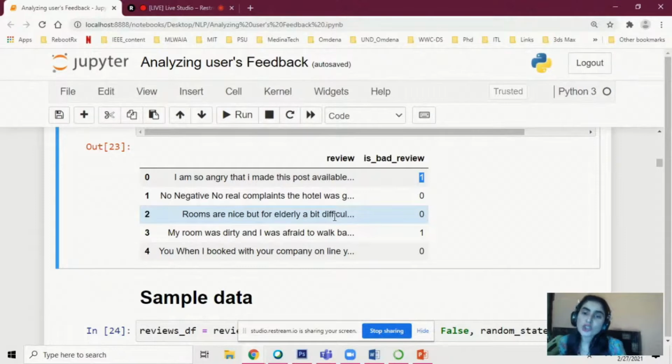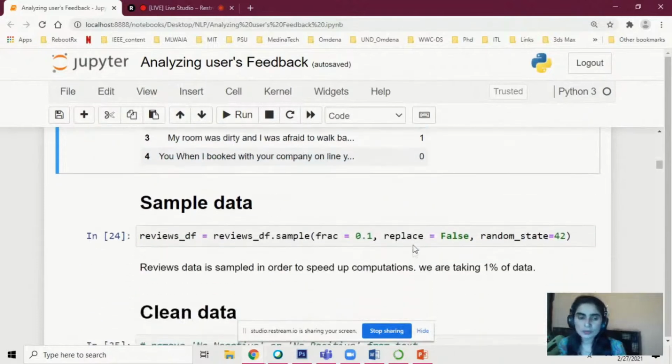So it is a neutral one, since I have not added any in-between segregation, so I will have only values 0 and 1. "My room was dirty and I was afraid to walk." So it is negative. "When I booked with your company online..." the rating was not good, so it was labeled as 0.